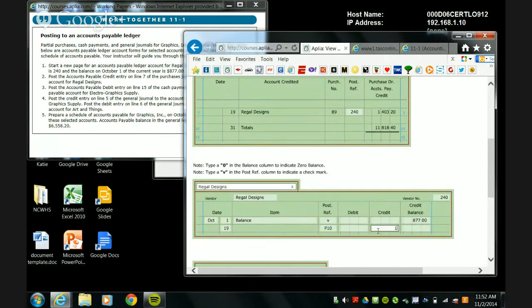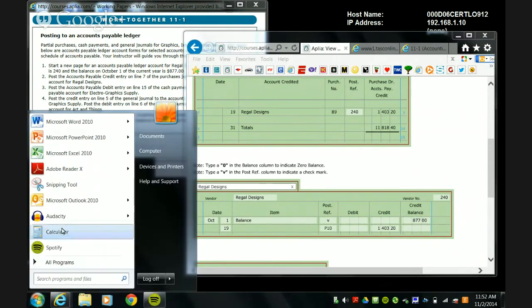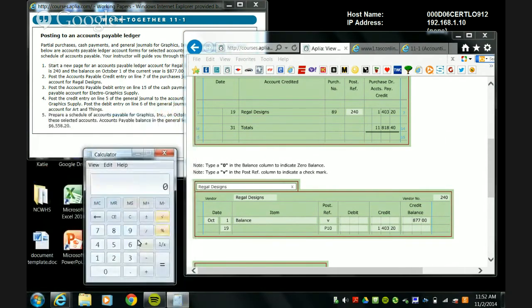It's accounts payable credit of $1,403.20. So I add those together, and that gives me my new balance, in this case $877 plus $1,403.20, which is $2,280.